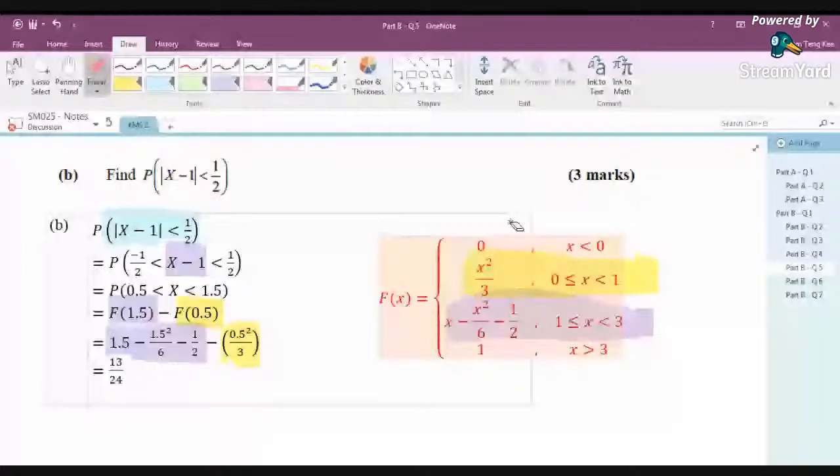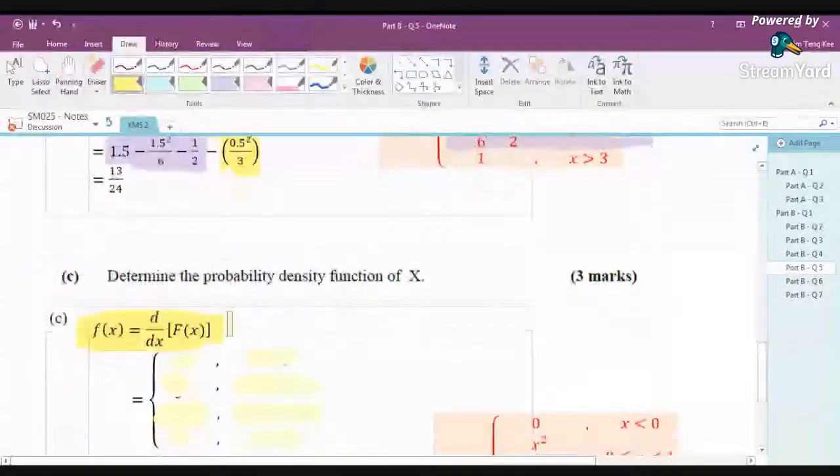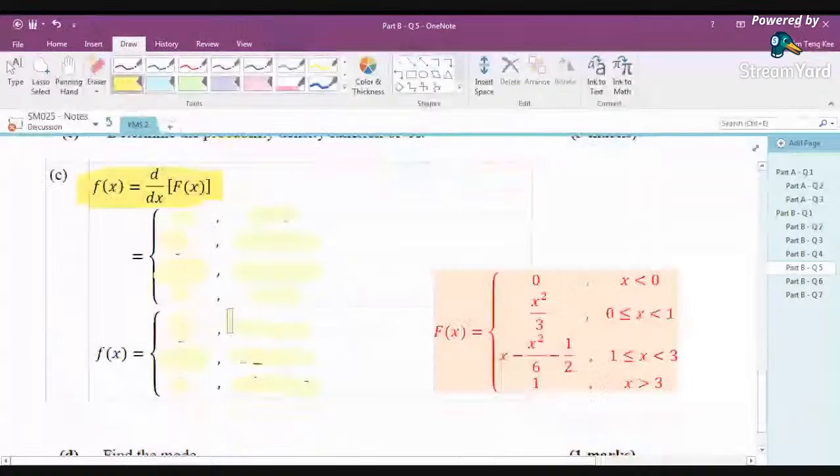Continue. Part C. We would like to find the probability density function, the PDF, for x. What we know is that from the cumulative, if I want to find the PDF, I will differentiate the cumulative function. So in my next line here, I will differentiate the cumulative function.